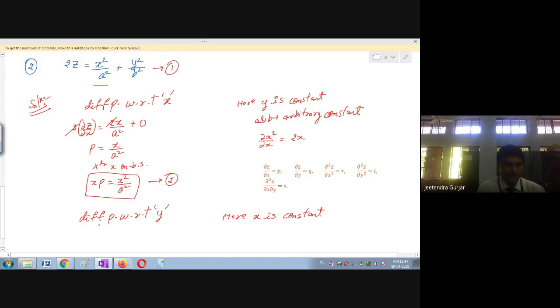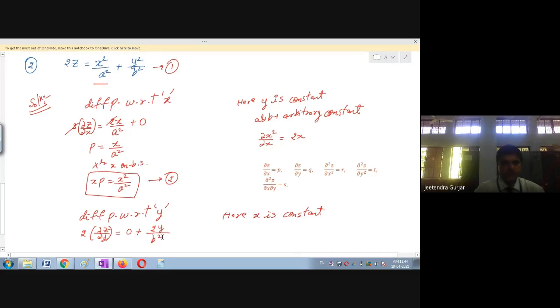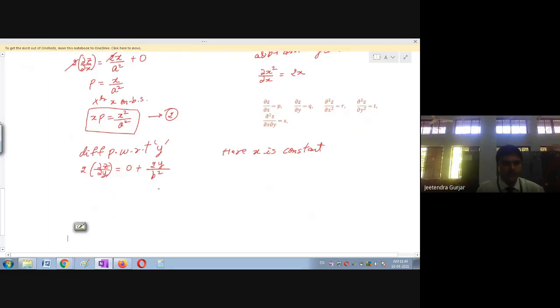So I will write now: 2 ∂z/∂y is equal to x square upon a square, which becomes 0, plus 2y upon b square. Same steps you have to follow again. Here again 2 and 2 will get cancelled.